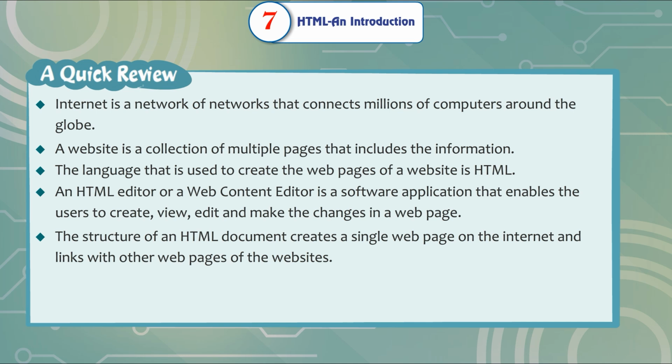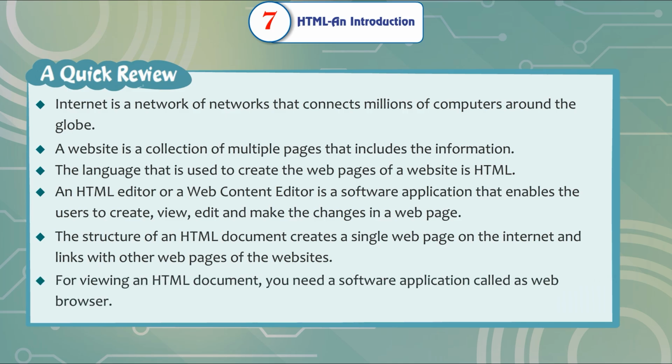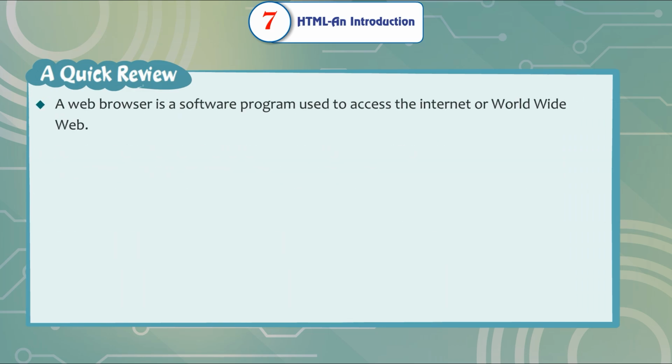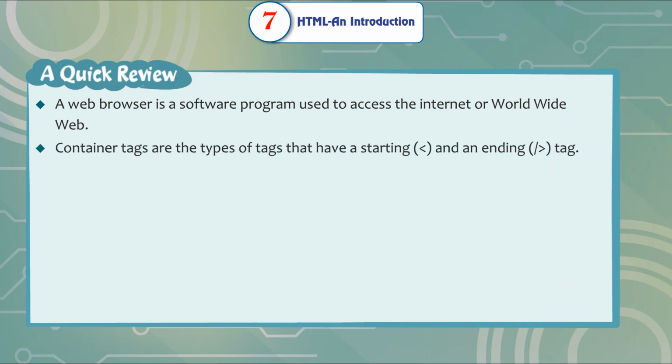The structure of an HTML document creates a single web page on the internet and links with other web pages of the websites. For viewing an HTML document, you need a software application called a web browser. A web browser is a software program used to access the Internet or World Wide Web.